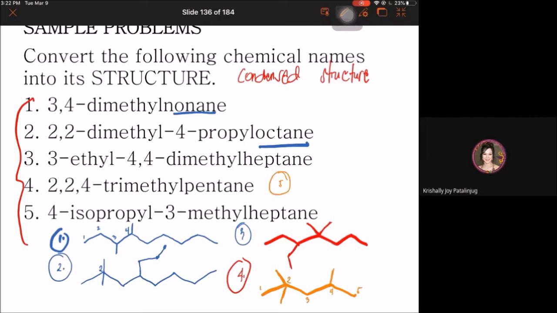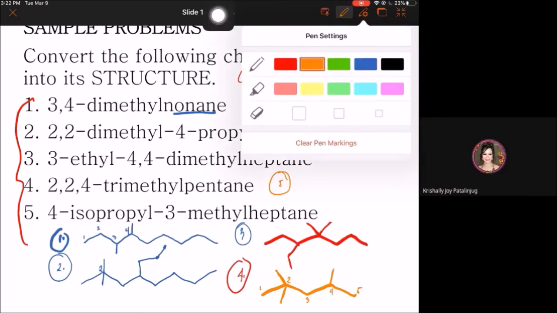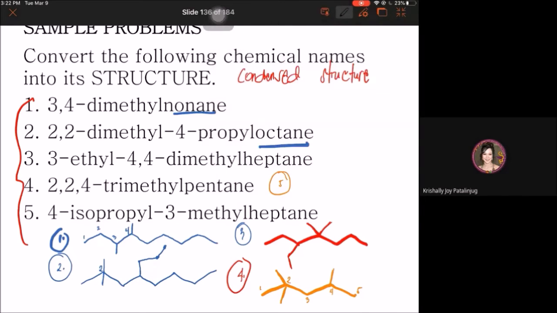And lastly, number 5, heptane, yung parent. So 1, 2, 3, 4, 5, 6, 7. And then, isopropyl sa carbon 4.